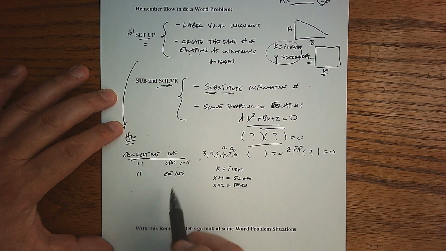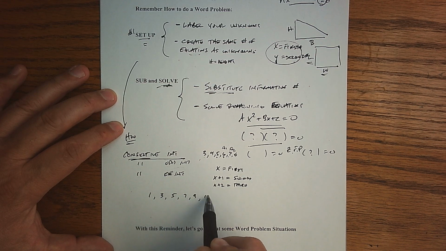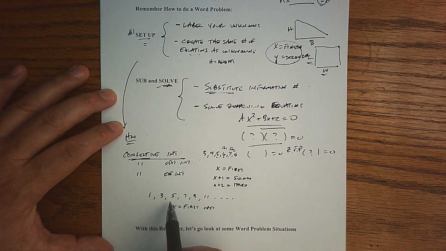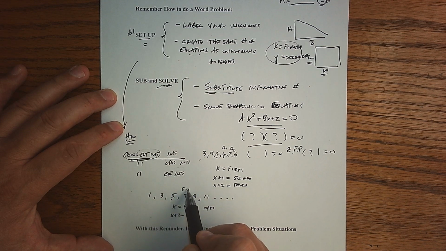And then odd integers, well again, if we look at our odd integers, we got 1, 3, 5, 7, 9, 11, and so forth. So if x is the first odd, then the next consecutive odd would be x plus 2. So if 5 is my first odd number, 7 being the second one, you'll notice that 7 is 5 plus 2.